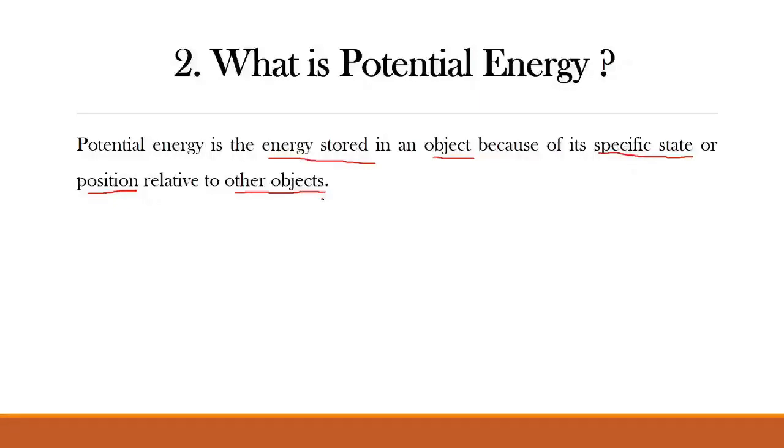We know that potential energy equal to mgh. Here m is the mass, g is the acceleration due to gravity, and h is the height.